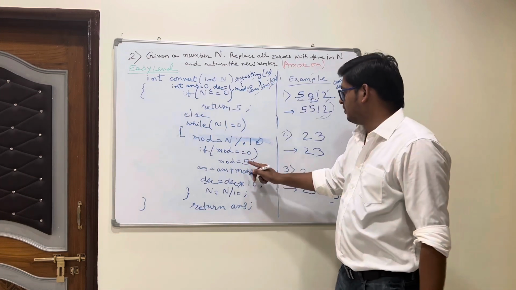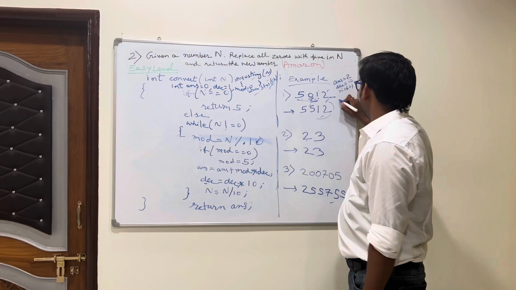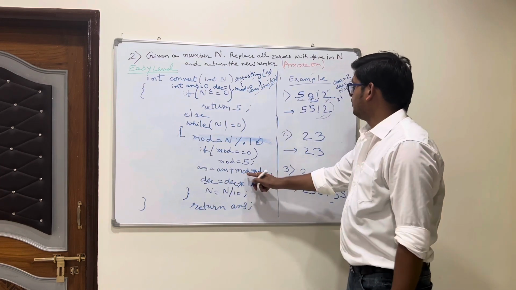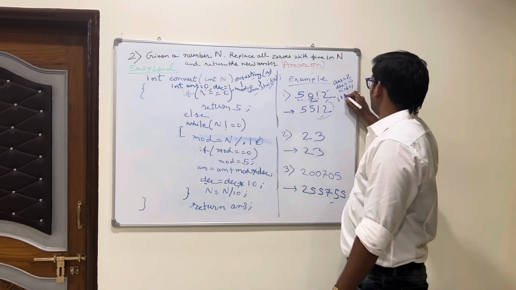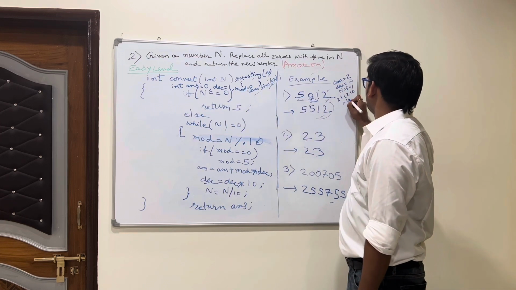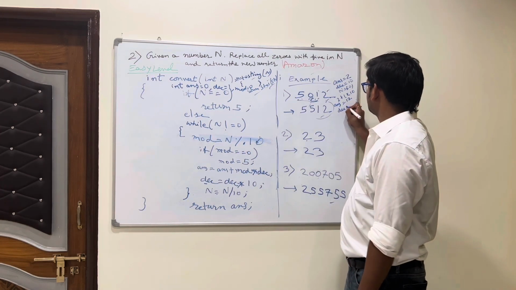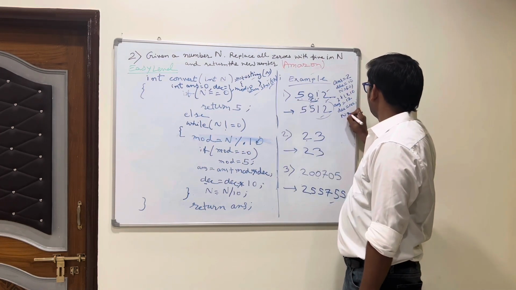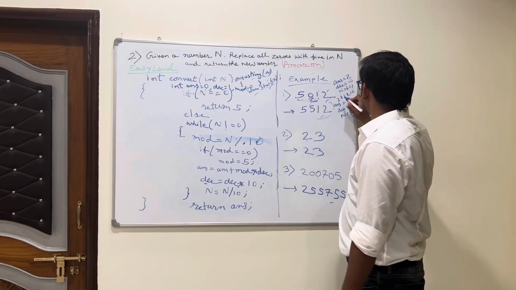Mod is not equal to 0, so we will get the answer value as 2 plus mod into decimal. So mod value is 1. So 1 into decimal is 10. So 12. Answer has become 12. The decimal value will increase to 100, and the n will become 501 by 10 is 50. Right?